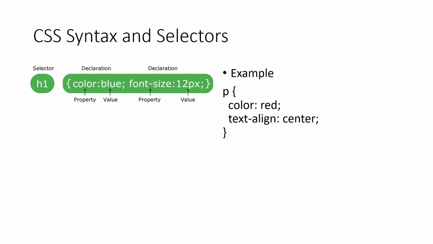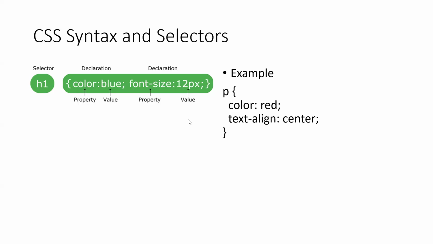There are a few selectors, so we have to use different selectors. We are going to discuss these ideas later on. You can use IDs, classes, right? We are going to discuss how we use them.